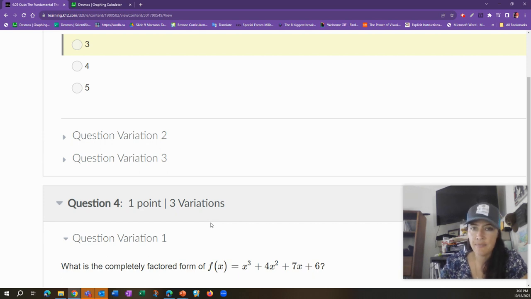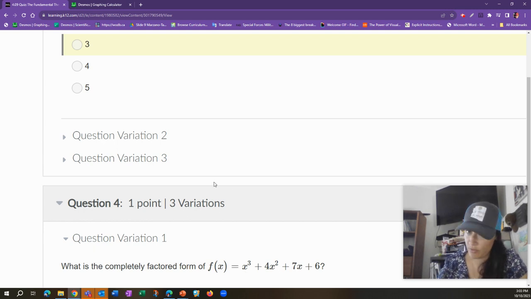Strategies we've had, look, factor by grouping. We did that in Unit 3. I don't see a friendly factor or greatest common factor. I don't see a way to regroup this. Nope. Factor by grouping won't work.